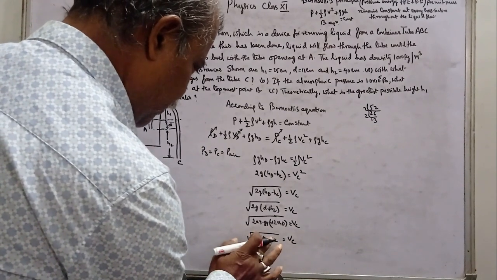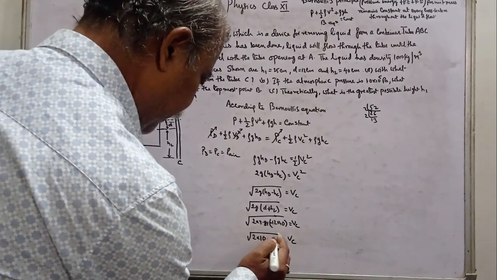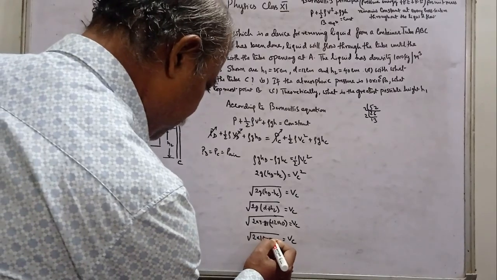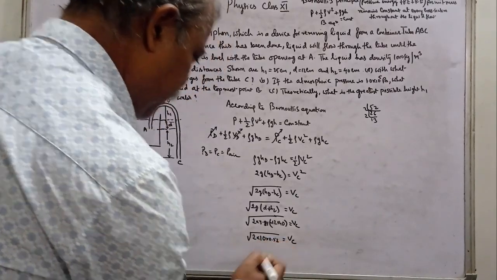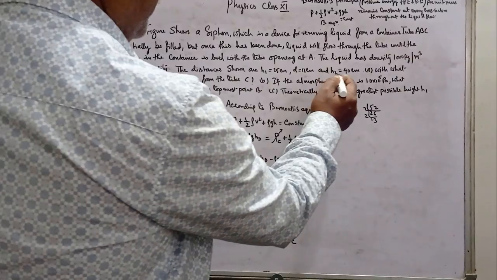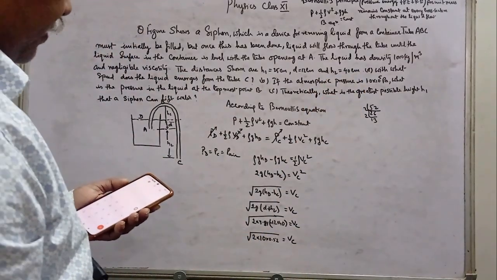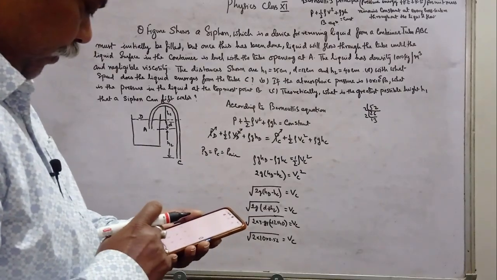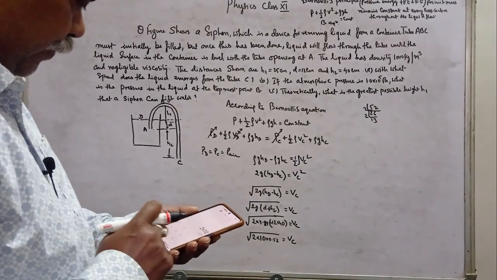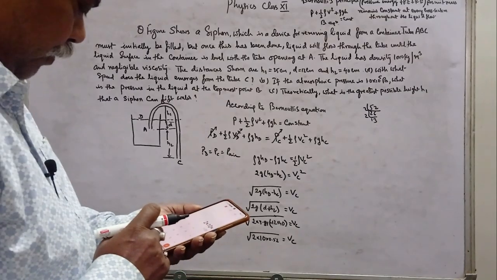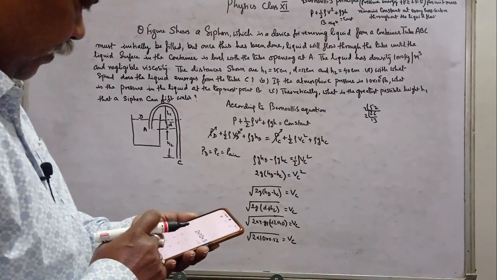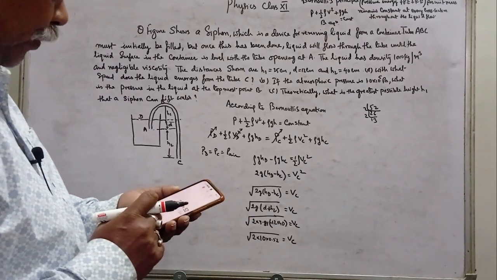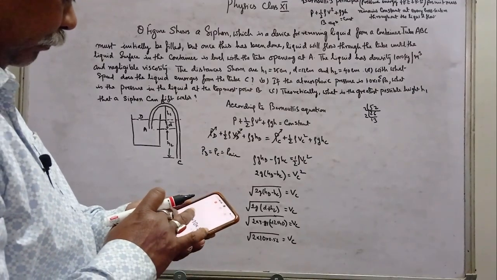So this comes out to 2 into 10 into 0.52, because it is in centimeters, so you have to convert into meters.